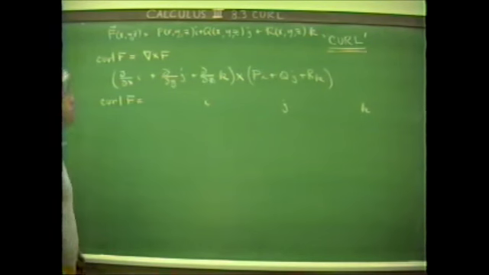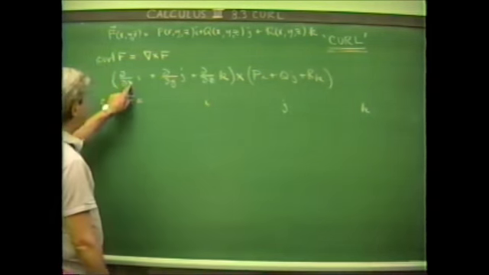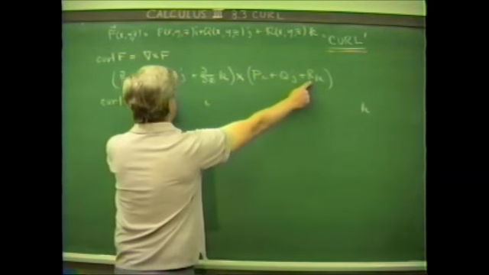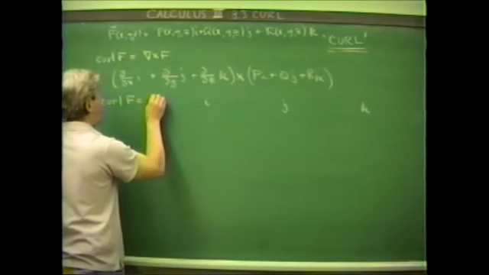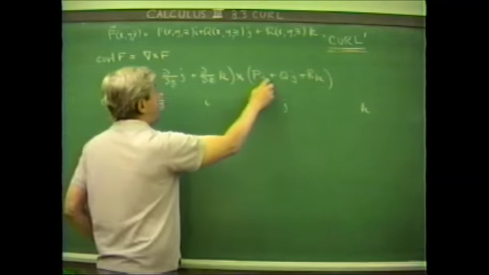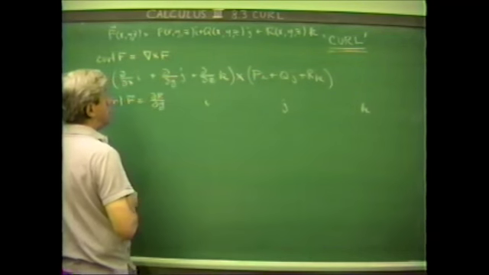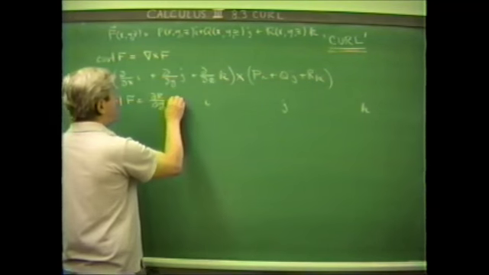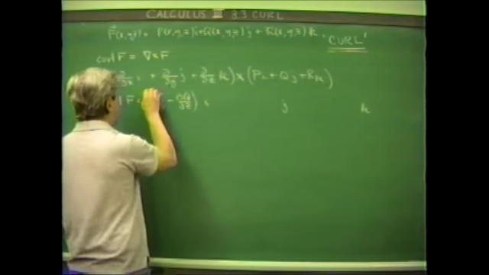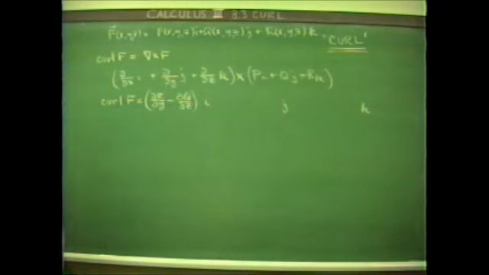The i component is what you get if you take j cross k here, the partial of r with respect to y, minus k cross j, minus the partial of q with respect to z. That's the i component.